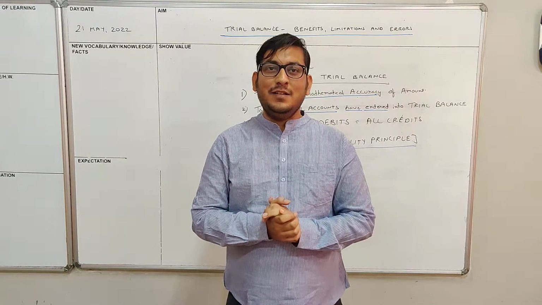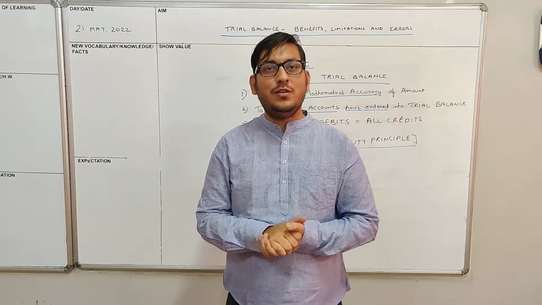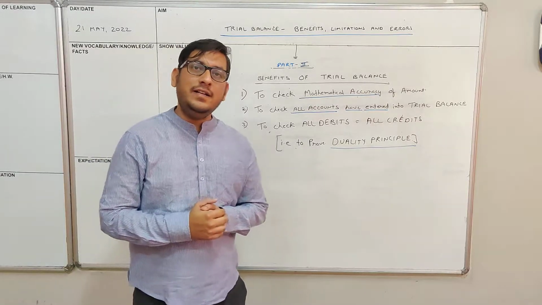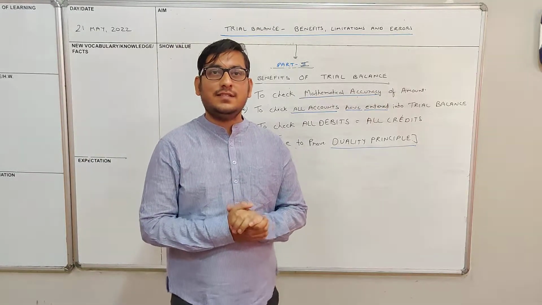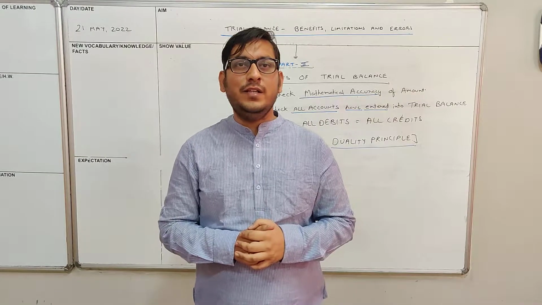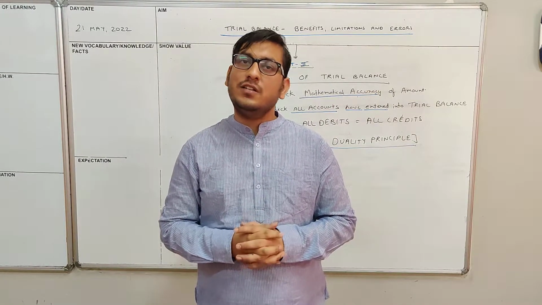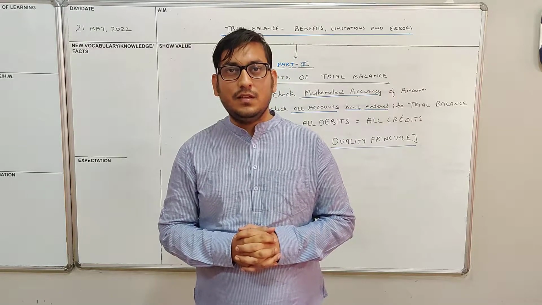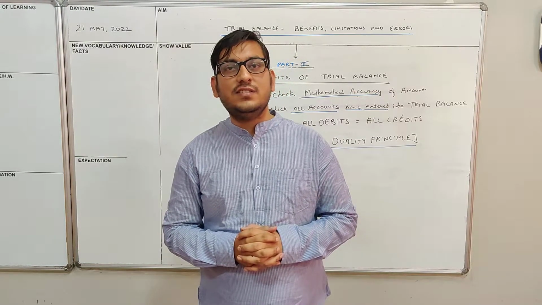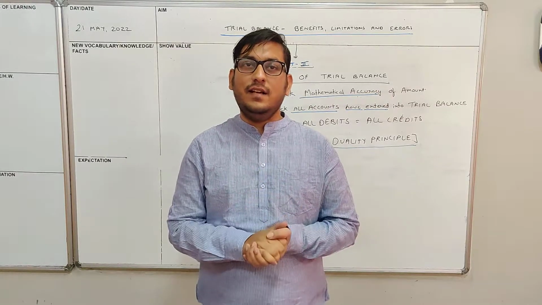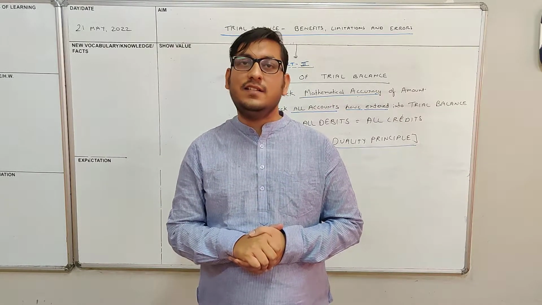Today we are having a topic called trial balance, benefits, limitations and errors. Students, in the previous lecture we thoroughly understood the rules and the general nature of the accounts. We categorized each transaction into two parts: the first part is the debit side and the second part is the credit side.